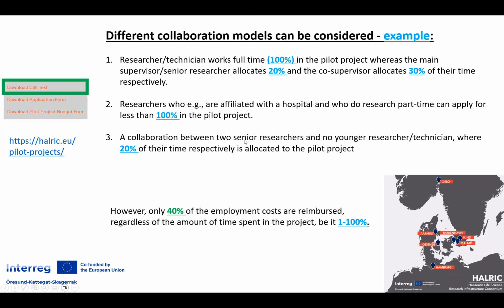And in another situation, if you don't have a researcher, technician, or PhD student, you can also have 2 senior researchers working, for example, 20% in the project. But all of these numbers can be exchanged to any number, let's say between 1 to 100%, but it's only 40% of the employment cost that will be reimbursed.